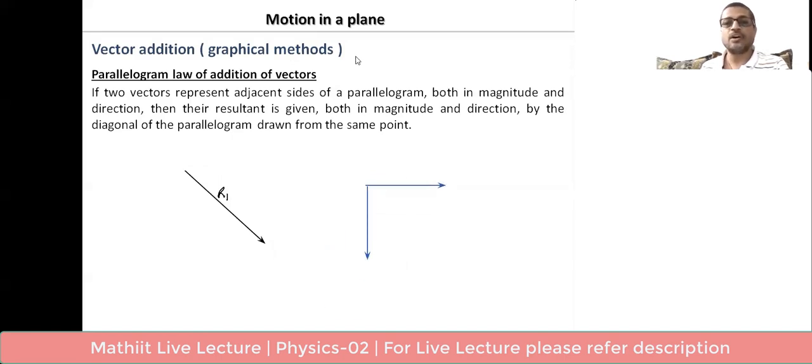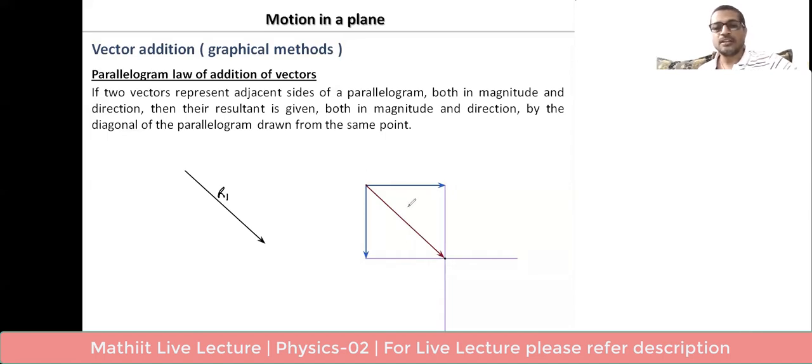It has to touch the tail exactly. Then we draw a line parallel to the first vector. We draw a line parallel to the second vector. And then where these two lines meet, from the common point where we have drawn the vectors, we draw a resultant up to the point of intersection of the two parallels.